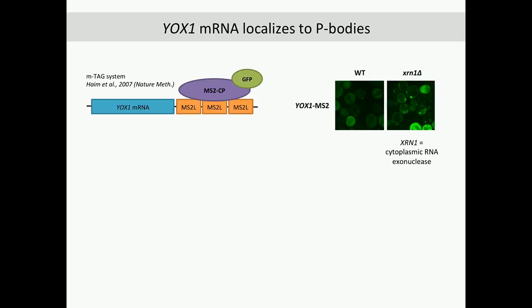So we first visualized YOX1 mRNA in wild type, but we couldn't detect any YOX1 granules, and so we reasoned that maybe YOX1 was being degraded in the wild type at P-bodies. So we deleted XRN1, which is the major mRNA exonuclease that localizes at P-bodies, and in the XRN1 mutant, we were able to detect YOX1 granule formation.